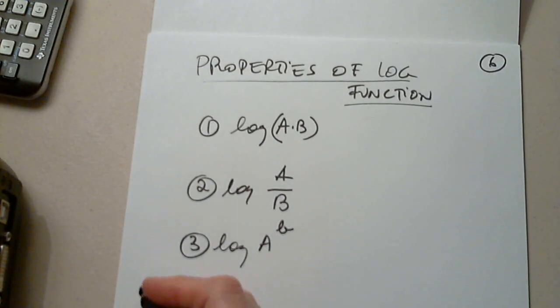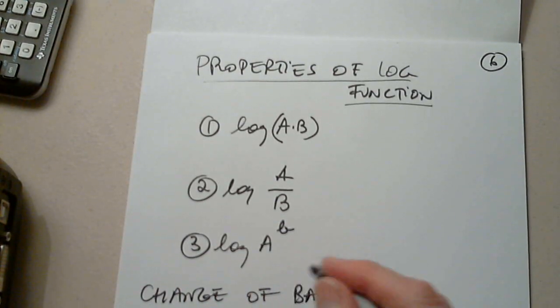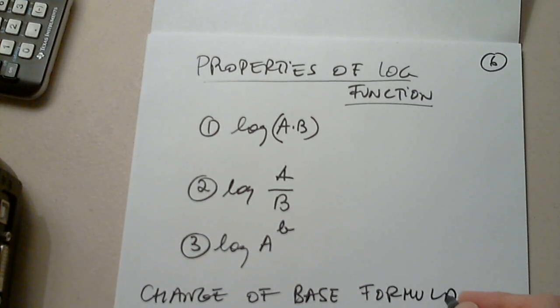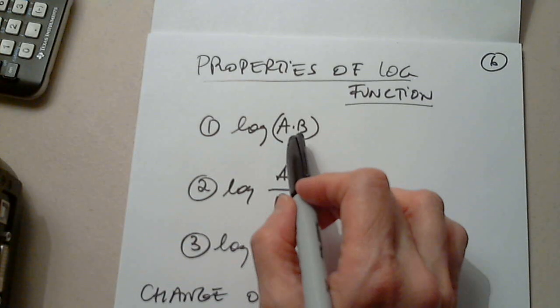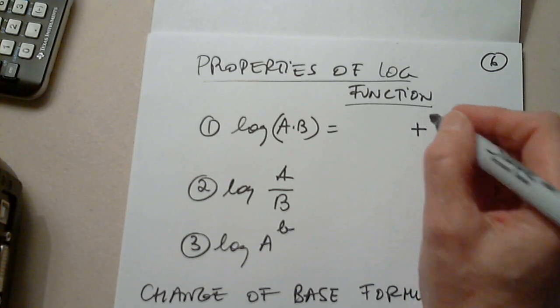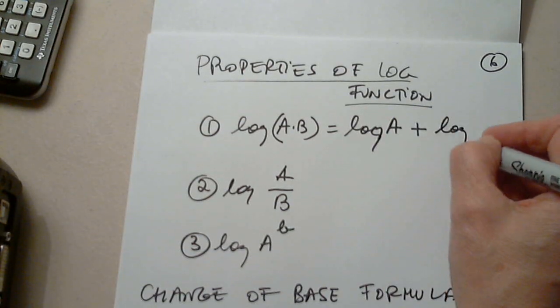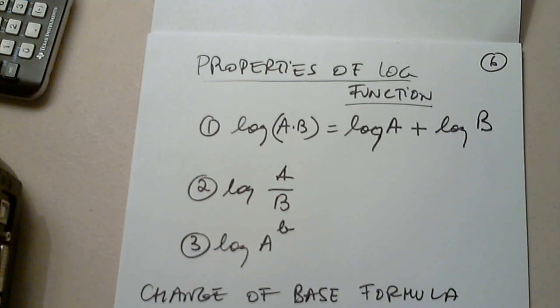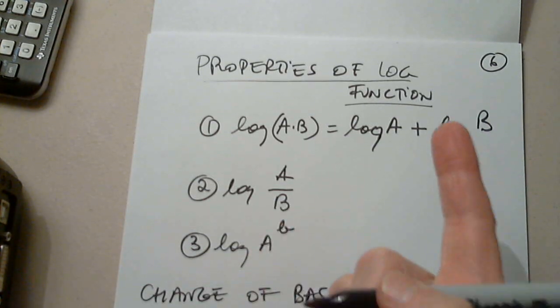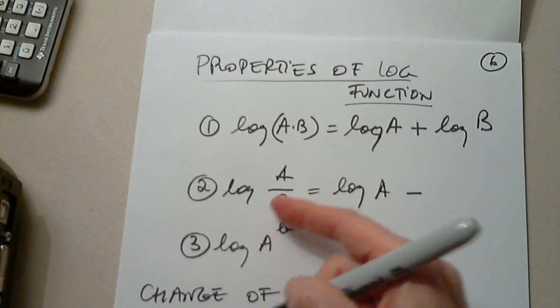These are the three properties of the log. There is an additional one, change of base. I call this a formula. We're going to review all four. Okay, so the first one. When we apply log to a product in any base, it's a sum of two individual logs: log of A plus log of B. This one is the same, but with minus: the top minus the bottom.